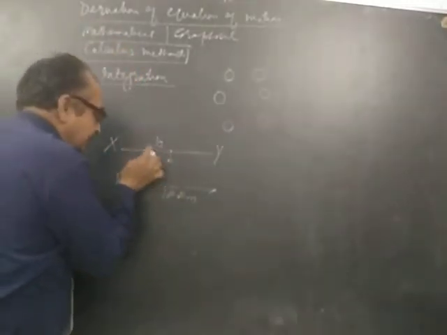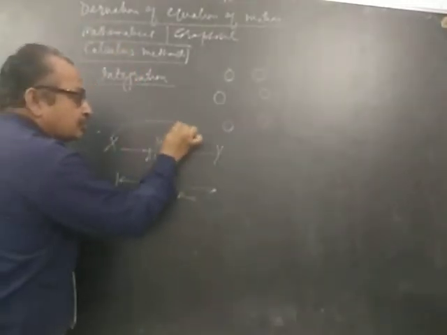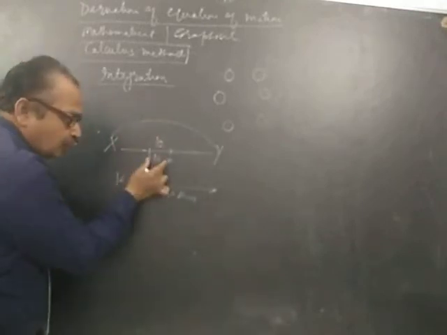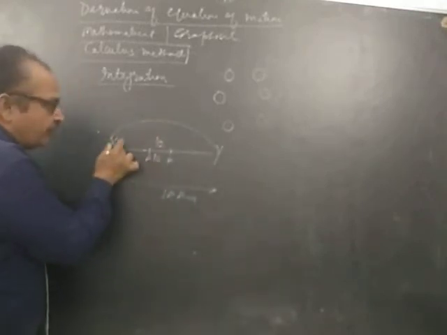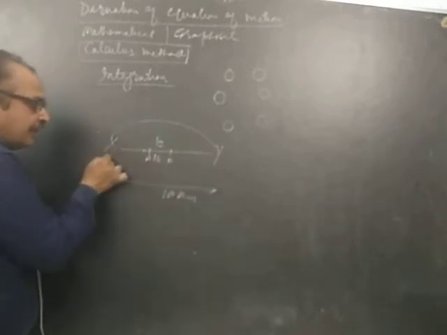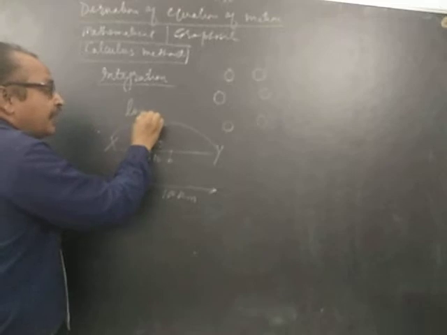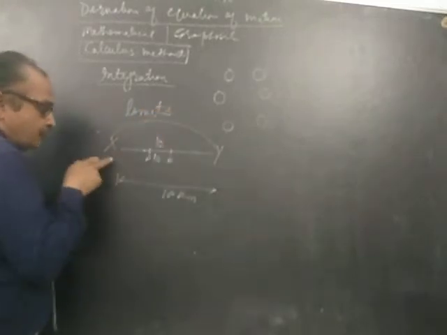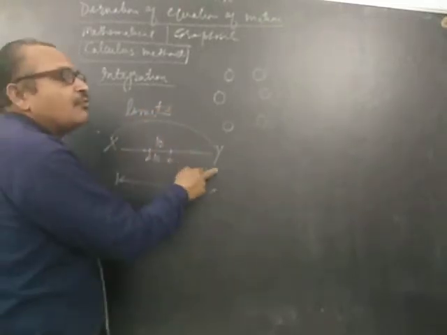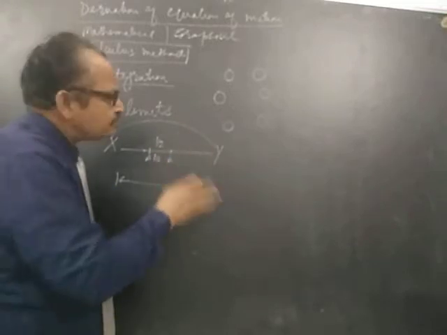Then what about from this to this? First we will take the small part, then we will integrate within the limits from X to Y. Is it clear?